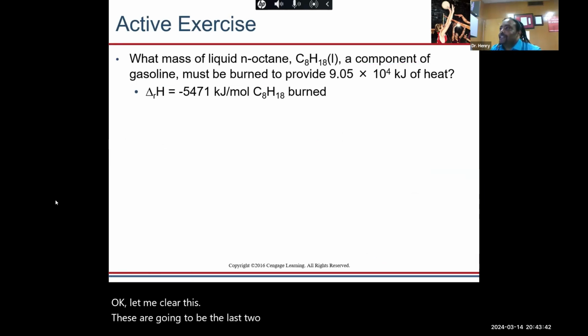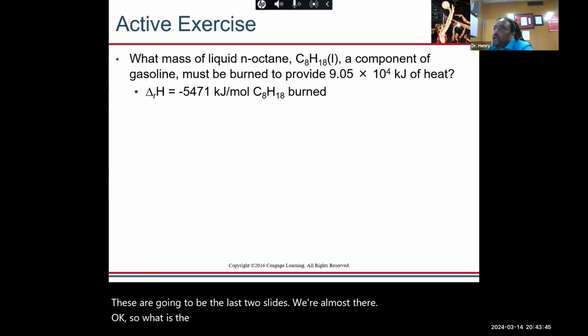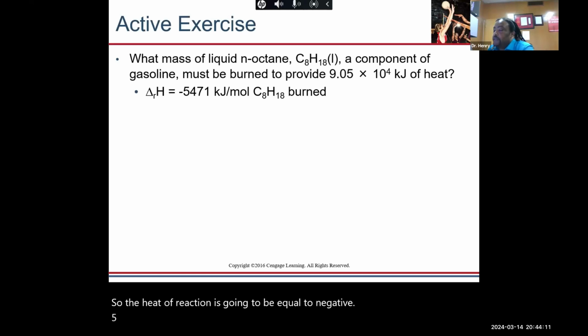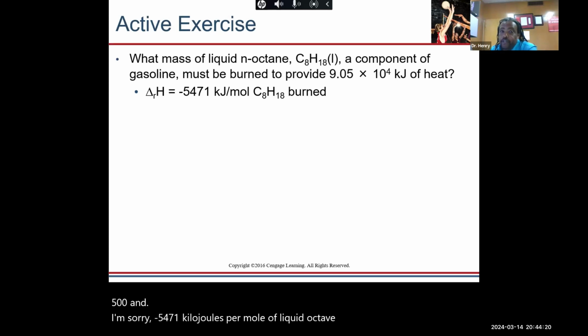We're almost there. Okay, so what is the mass of liquid octane? Octane is C8H18, a component of gasoline, and it must be burnt to provide 9.05 times 10 to the 4th kilojoules of heat. The heat of reaction is equal to negative 5,471 kilojoules per mole of liquid octane burned.